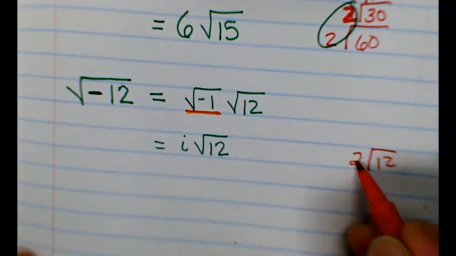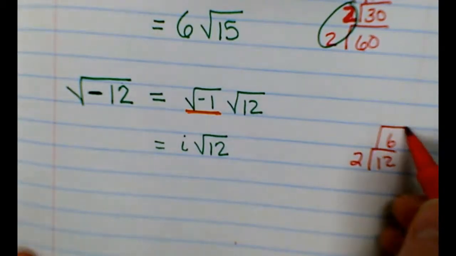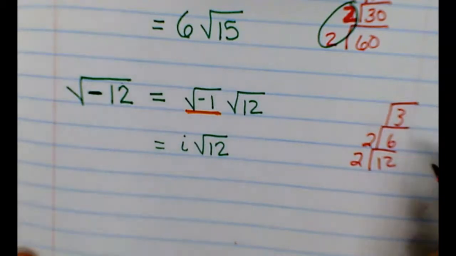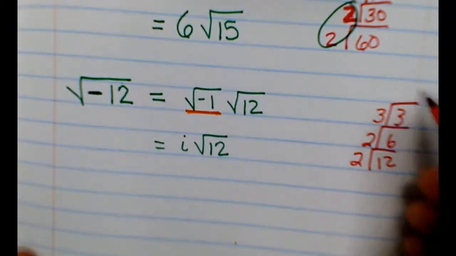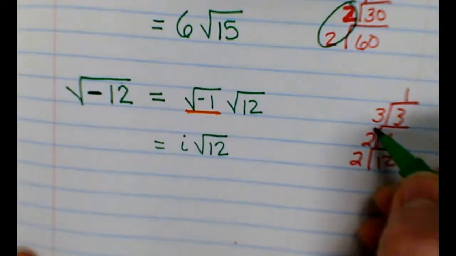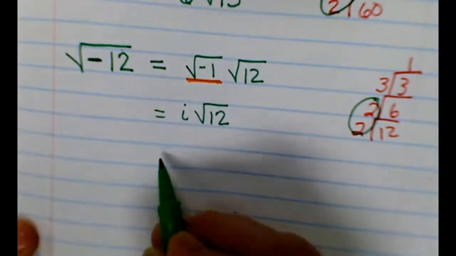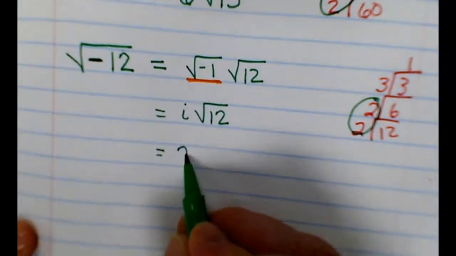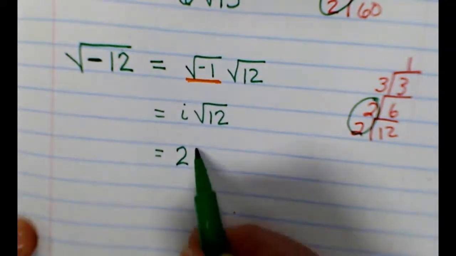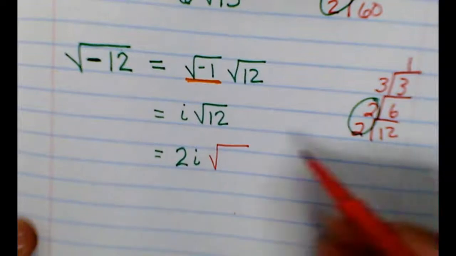Does 2 divide into 12? And 2 divides into 6? And 2 doesn't divide into 3. And what are we looking for? Now, it's just usually written this way, where that's the pair, and then the i, and then the radical.